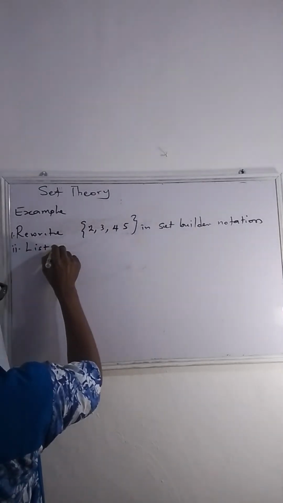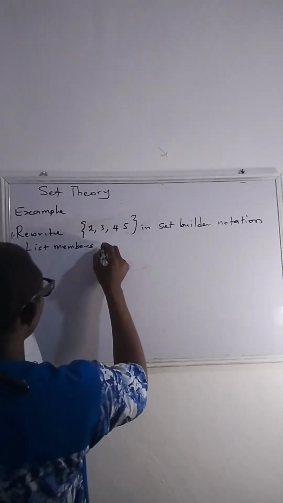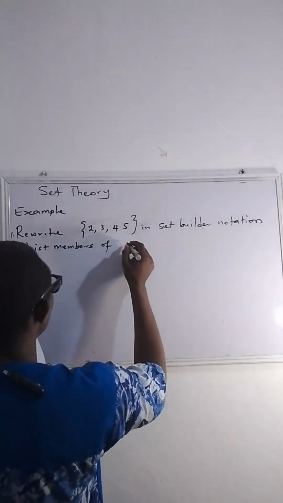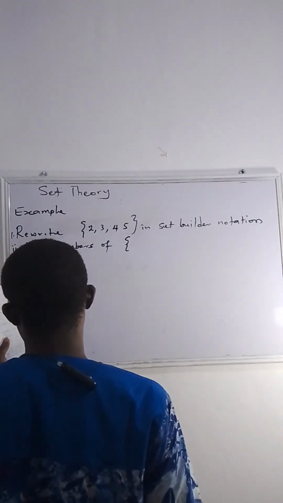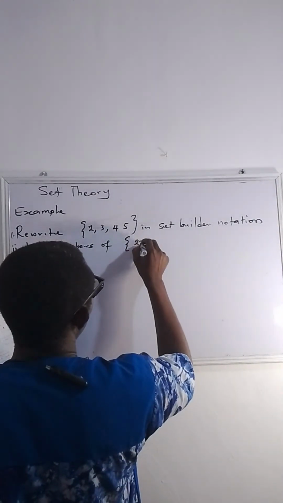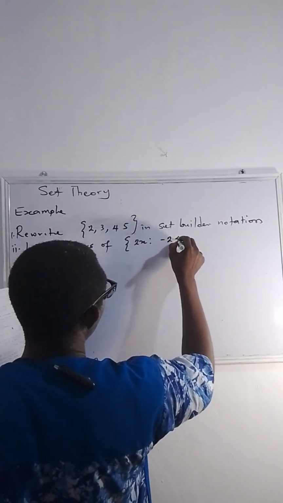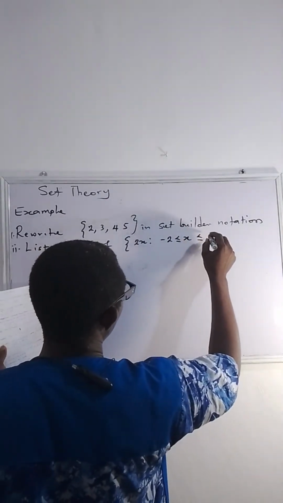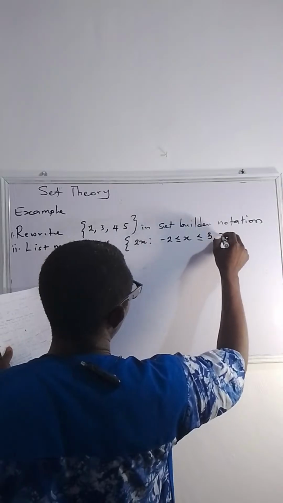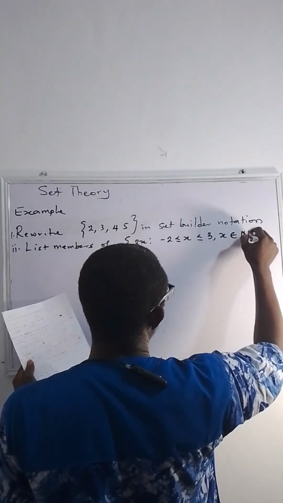List members of the set of 2x such that minus 2 is less than or equals to x, less than or equals to 3, where x is a natural number.